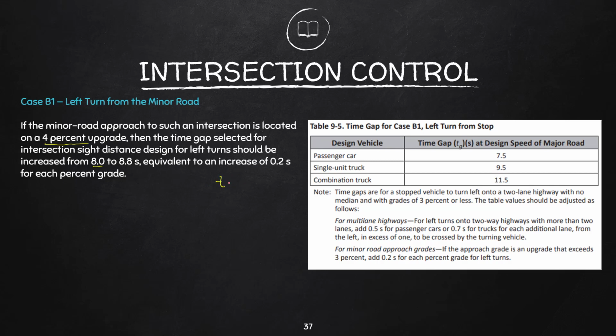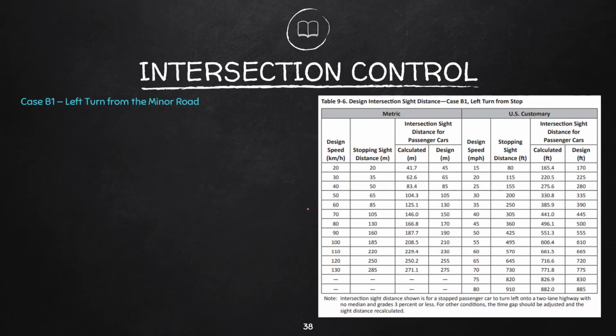Time gap will be equal to 8.0 plus 4% times 0.2 seconds per percent. Okay? So this will be equal to 8.8 seconds. Okay? ISD is now equal to 245 rounded for the sign.